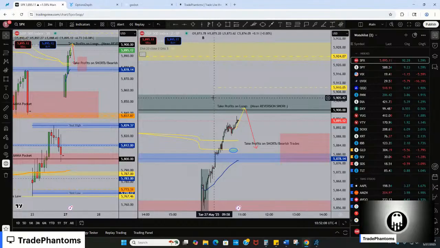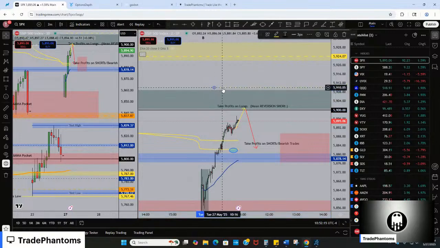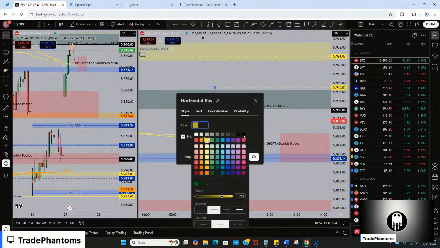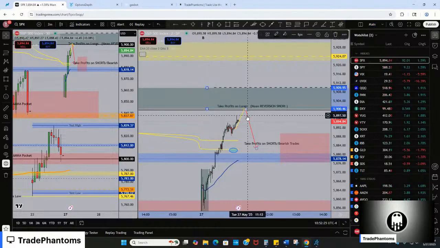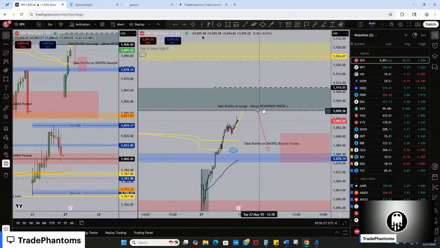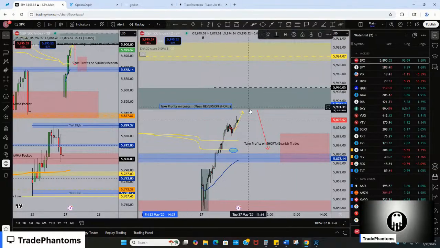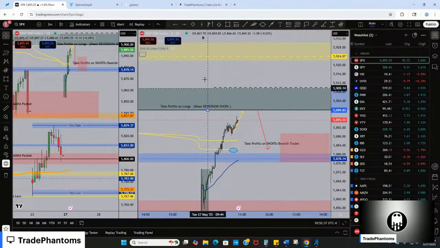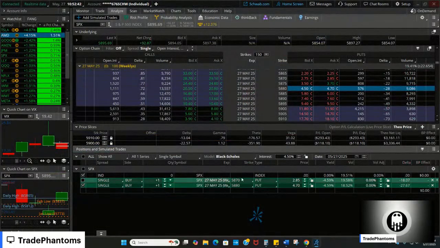So that said, this is a positive gamma node. So if we get up into 5,900, you could potentially deploy the 58.70 strike.